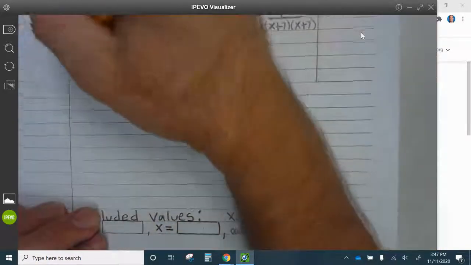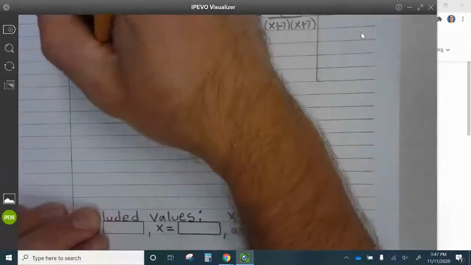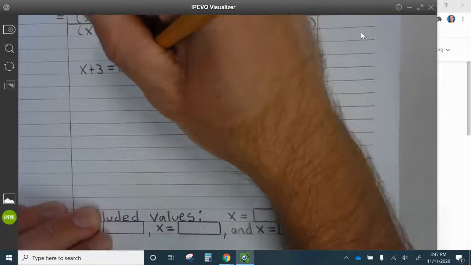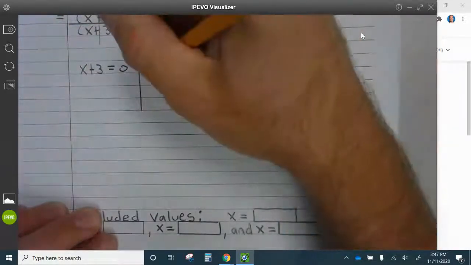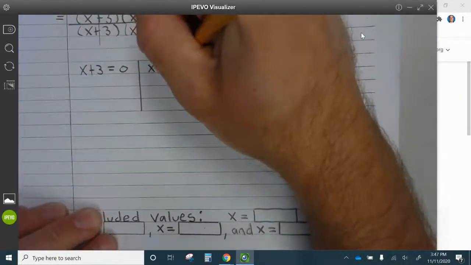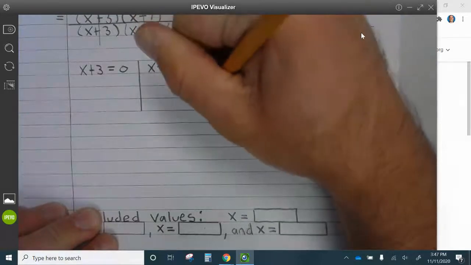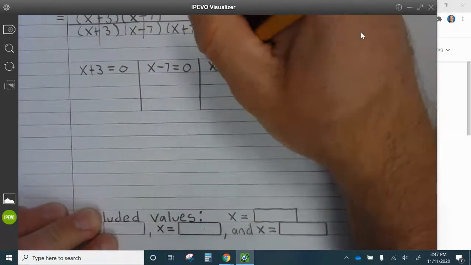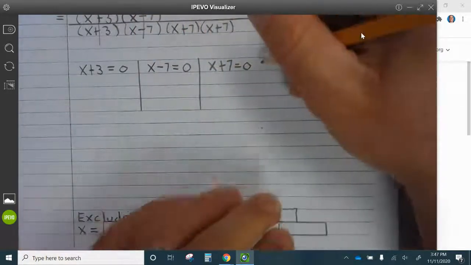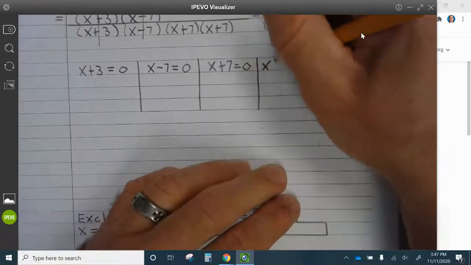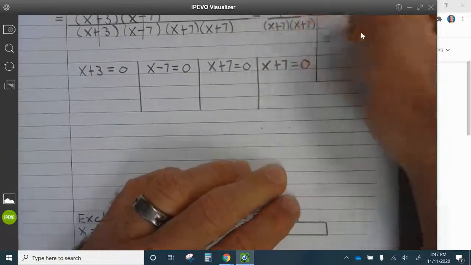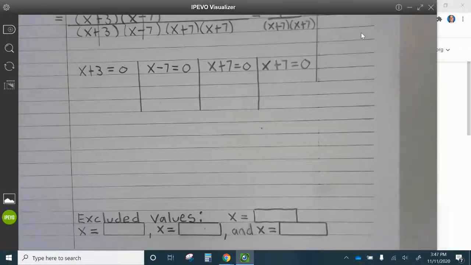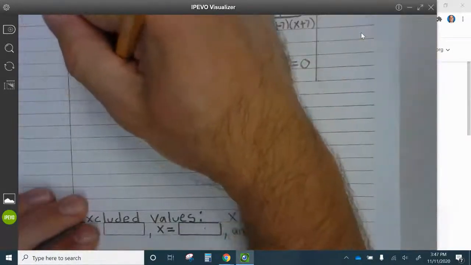So we said x plus 3 equal to 0. X minus 7 equal to 0. And then x plus 7 twice equal to 0. Okay, so we subtract 3 from both sides.